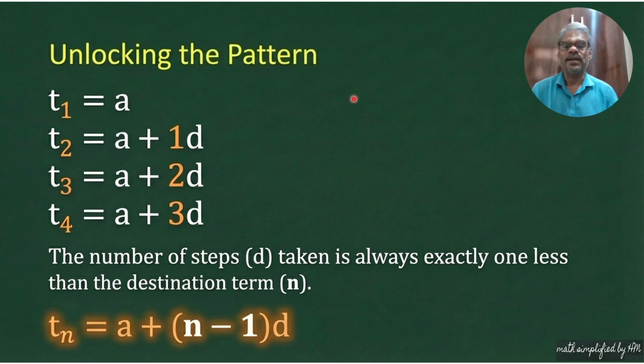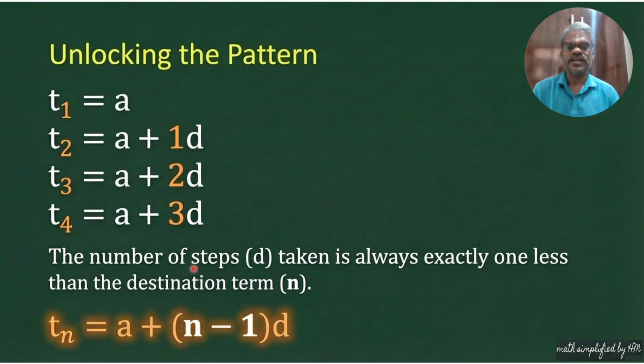Now unlocking the pattern. T1 is the first term, that is A. T2 is the first term plus 1 times difference, 2 minus 1. T3 is equal to A plus 2 times difference, 3 minus 1 is equal to 2. T4 is equal to A plus 3 times D, again 4 minus 1 gives 3.